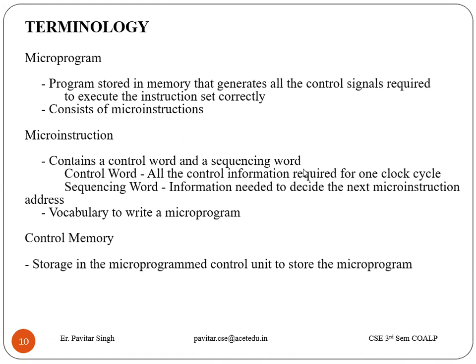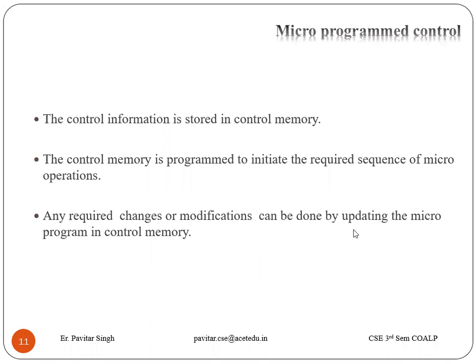So all your micro programs will be written in case of microprogrammed control units. The control information is stored in control memory. The control memory is programmed to initiate the required sequence of micro operations. Any changes or modifications can be done by updating the micro program in the control memory.